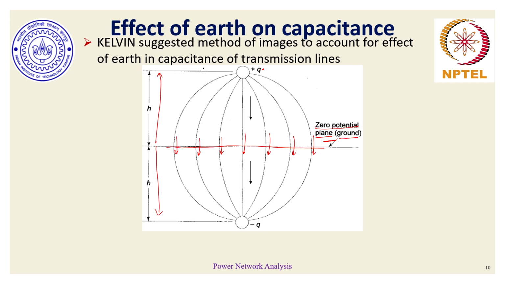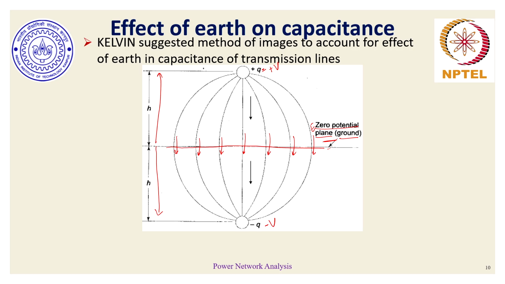I am increasing the arrows so that these can appear to be originating from plus Q, the values of E, and terminating at negative Q, again in an orthogonal surface perspective. And if this is at plus V, I can also associate a corresponding minus V at a depth h from the surface of the earth, and that's how the effect of earth can be taken care of.